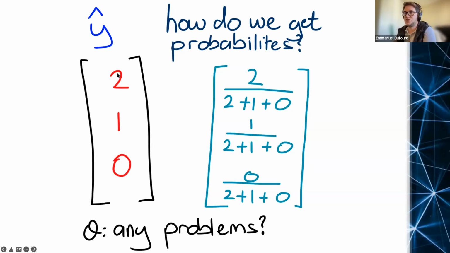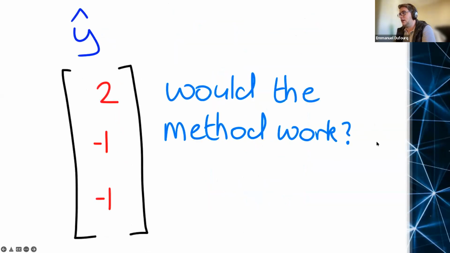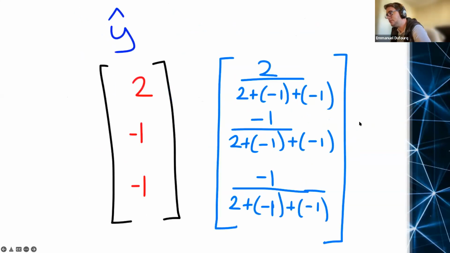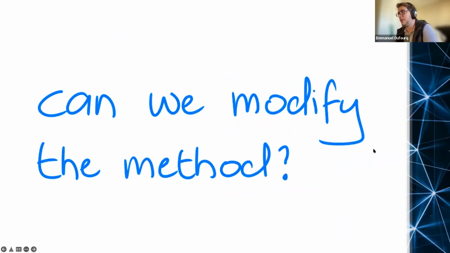So this approach of just taking the value and dividing by the sum of the values is not optimal because we could have an undefined operation. So this one wouldn't work because we would have 2 divided by 2 plus -1 plus -1. So this strategy is not a good strategy.